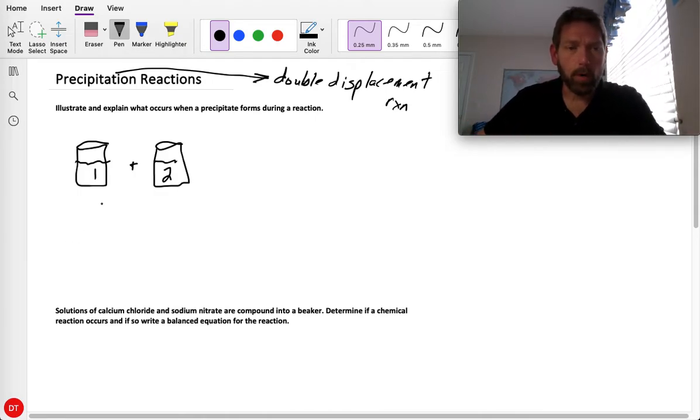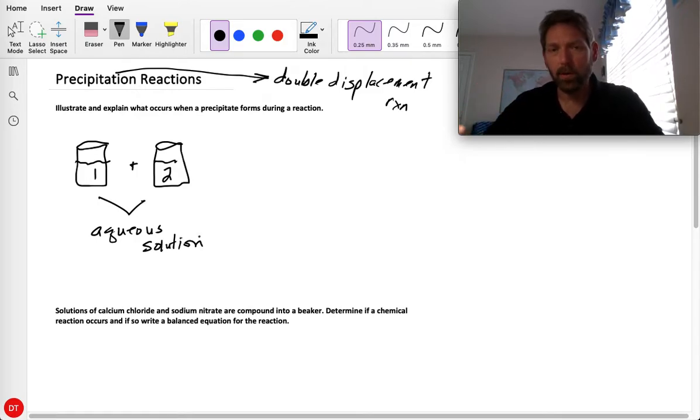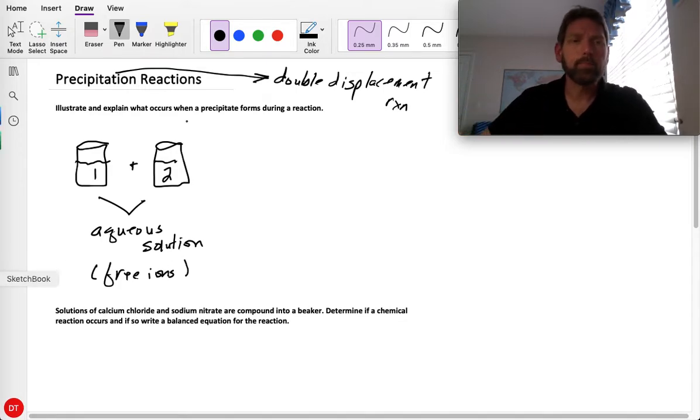Whenever that's the case, you have an aqueous compound, meaning you've got a solution of it, dissolved. That means you have free ions, both cations and anions, in solution.